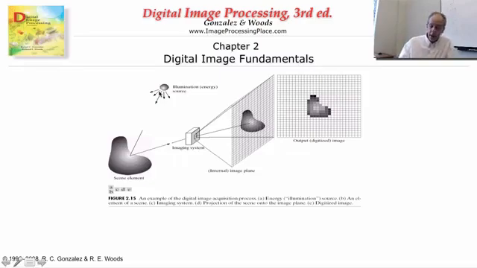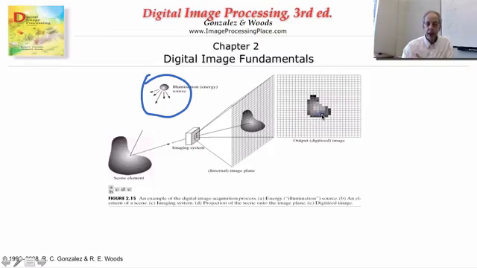We see here the light, represented here, is reflected from the object, and it goes into the sensing device. Think about your digital cameras. This is a blown up of what we have back here. The object is in continuous space, everything is continuous, but we actually get a discrete representation of that object.